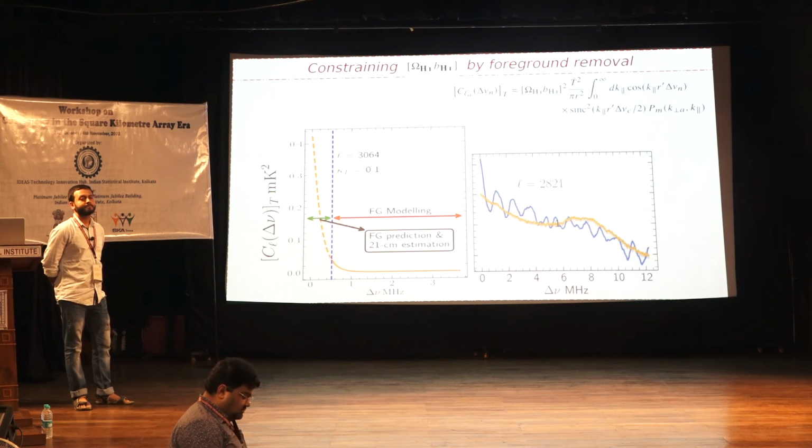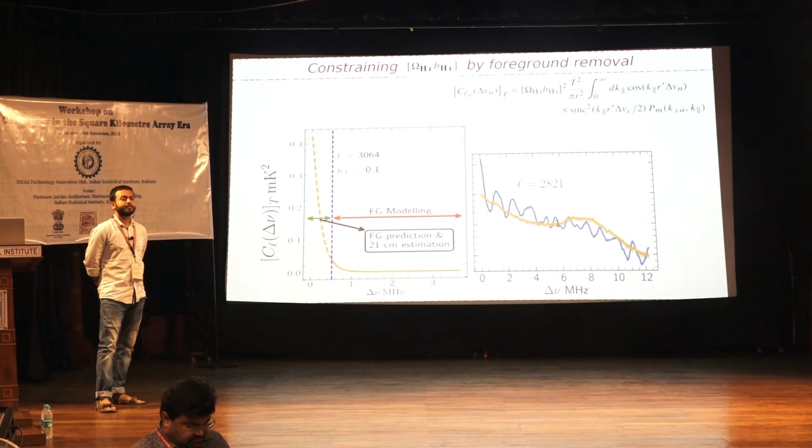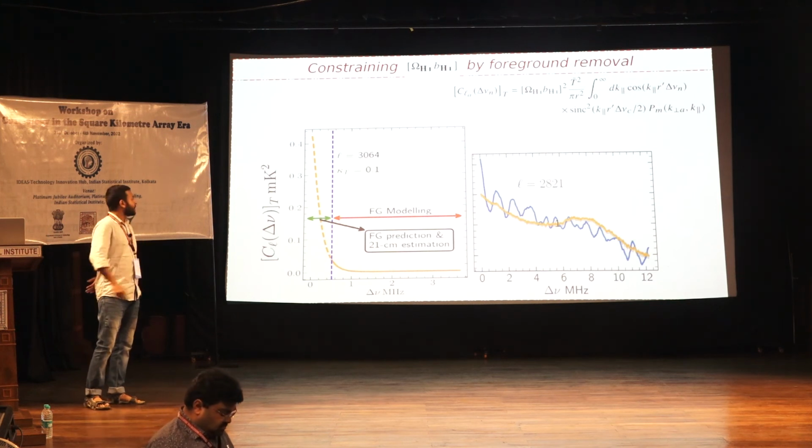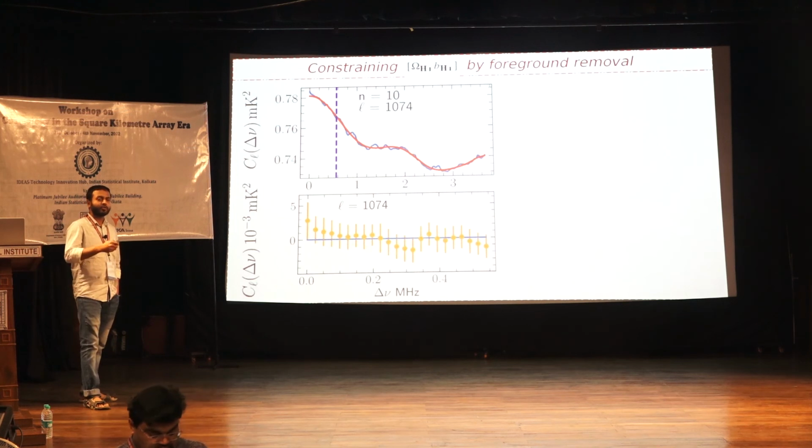The way you are extrapolating into the smaller values, how much is that model dependent, the extrapolation part? We are not taking any other foreground models. We are modeling the foregrounds from the same data.